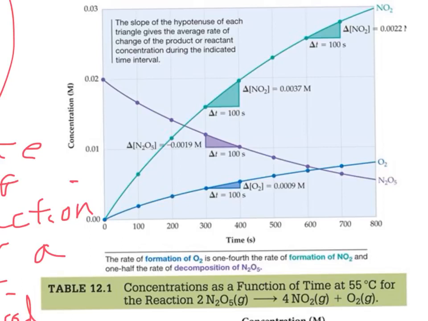For example, in this graph here, I'm going to find the average rate of reaction between 300 and 400 seconds. So I'm going to pretend that between 300 and 400 seconds, my rate of reaction is constant during that time period, and that my curve is kind of linear. And I'm going to find the slope for that small period of time.